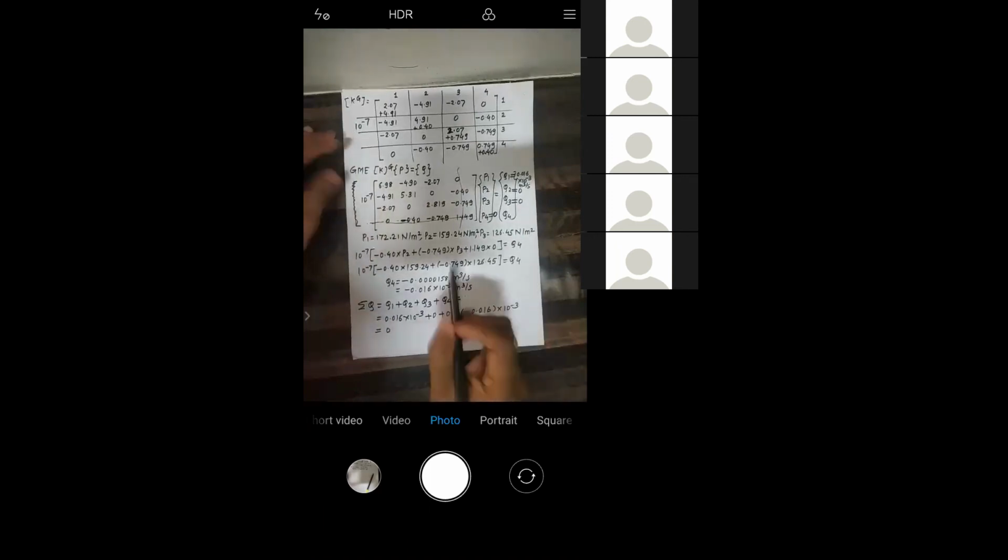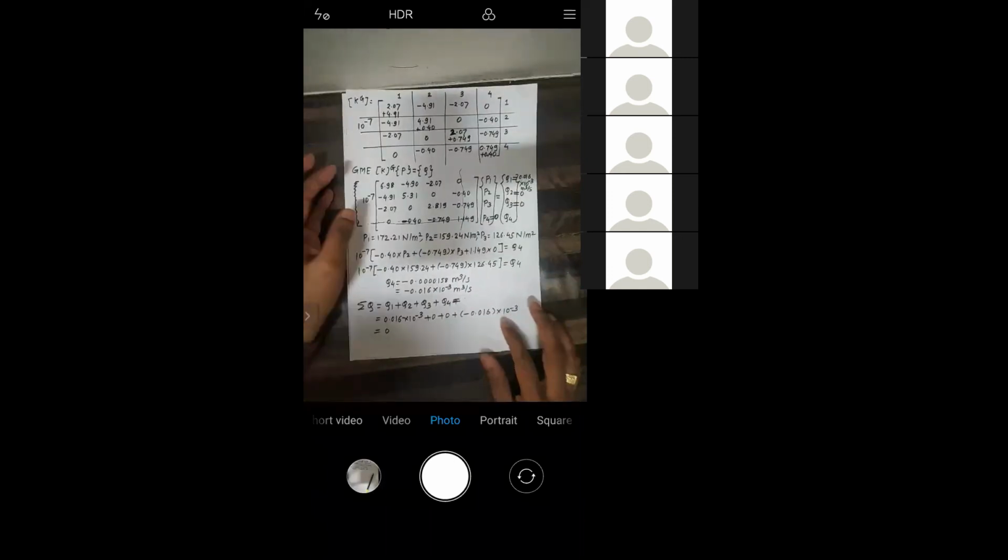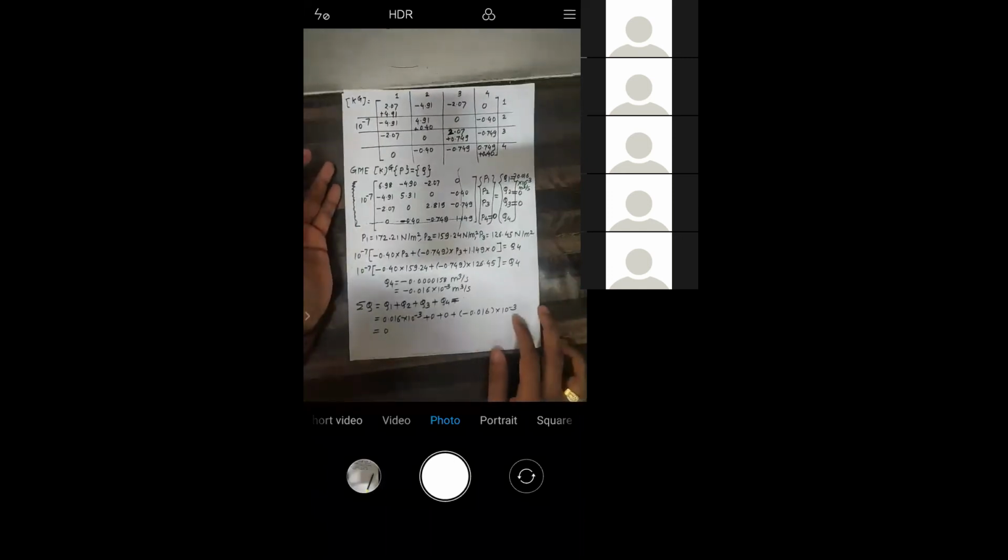So it will tend to 0. That means whatever values of pressure you have calculated are right. All of you understood this? Each of you, have you understood or not? Let me know.